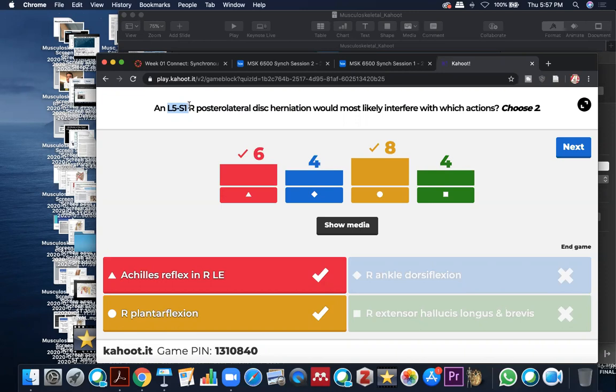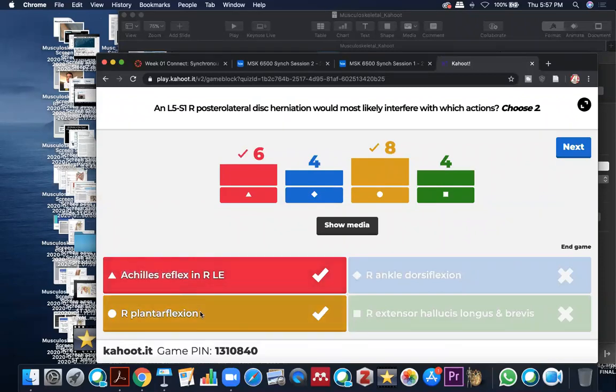So you're looking at things that the S1 nerve is involved in. For example, Achilles reflex, that's S1 and S2. So S1 is a part of that, so it would affect this. It might not obliterate it completely because it still has S2 input. In any case, it wouldn't obliterate it completely at all, just because it's being compressed. But S1 is a part of that reflex, S1 and S2.